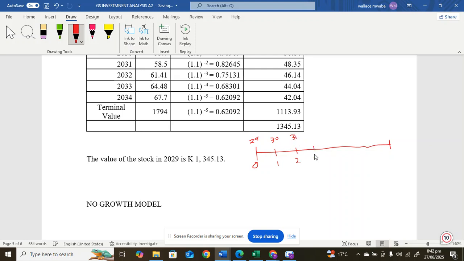Year 3 is going to be 2032. Year 4 is going to be 2033. Year 5 is going to be 2034.